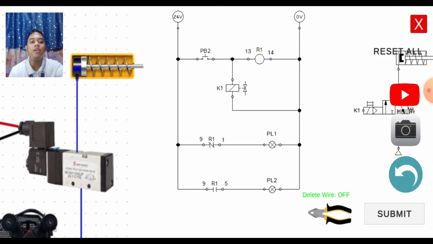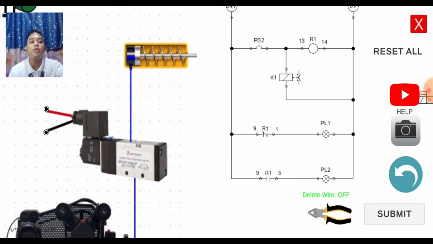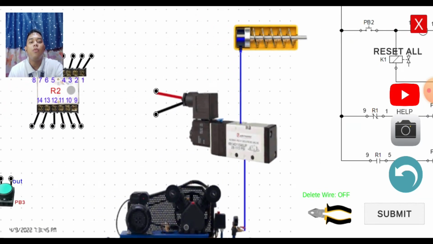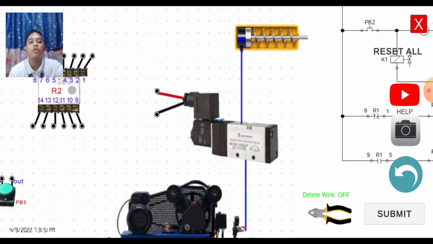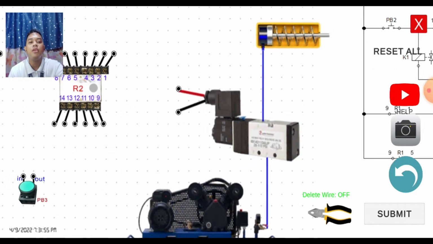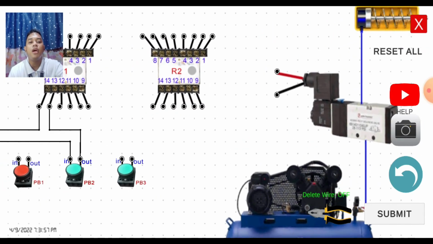The second rung: the positive of K1, connect it to the output of PB2. By the way, this red wire is the positive of K1, and the black wire is the negative of K1. So, the positive of K1 is connected to the output of PB2.